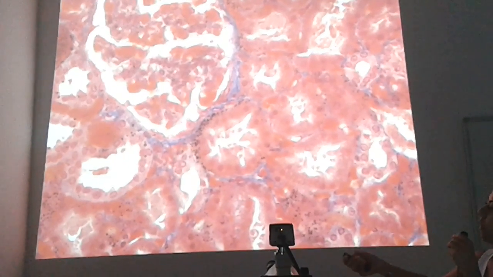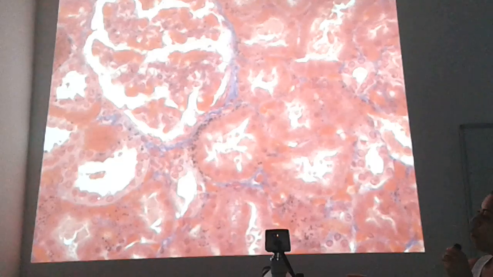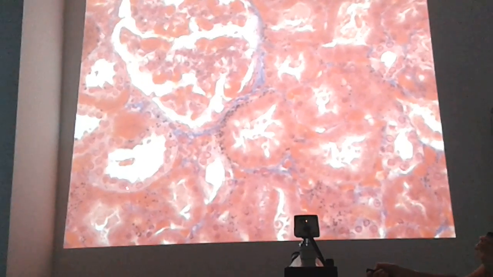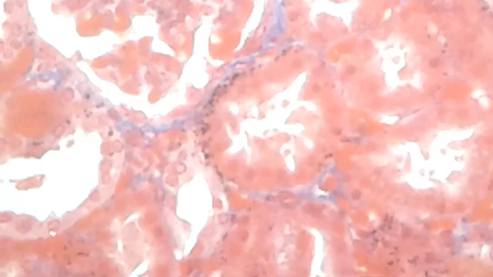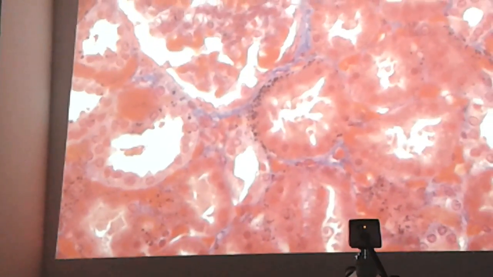Simple cuboidal epithelium. When you look at simple cuboidal epithelium, the width of the cell is similar to the height of the cell. In vertical section like this, the cells look cubic, alright? That's why we classify these cells as cuboidal epithelium. Because there is only one layer of cells, we call it simple.